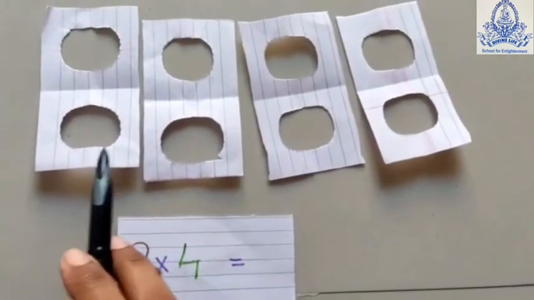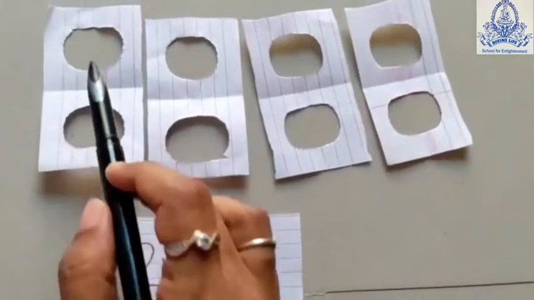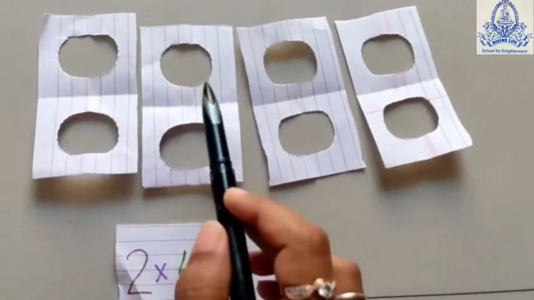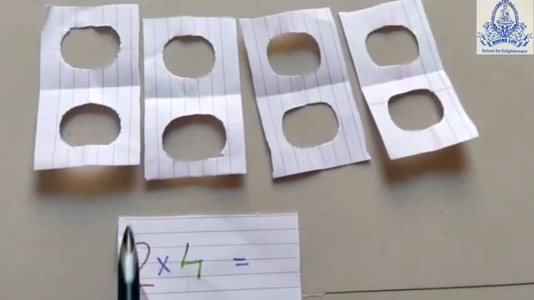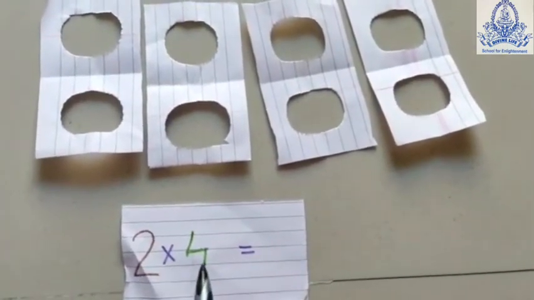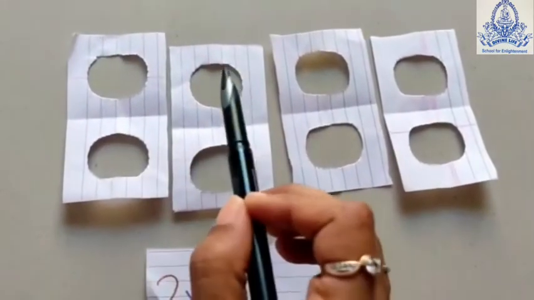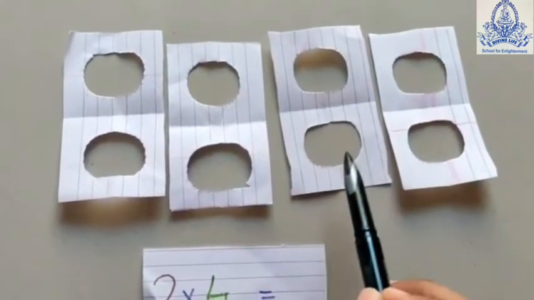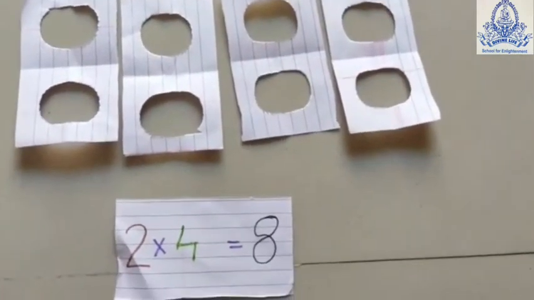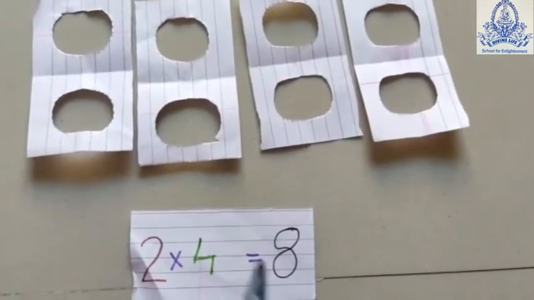So one set of box, 2, 3 and 4, and the number of cards remains the same. The cards are the same, in every set there are just 2. So 2 multiply 4. 2 4s are, how many cards are there in total? 1 2 3 4 5 6 7 8. So 2 4s are 8. 2 4s are 8.